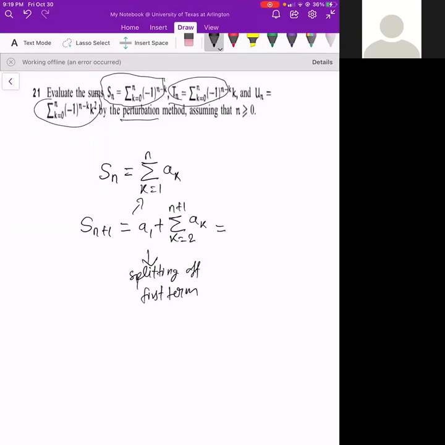We can also split the last term: we can write S sub n plus 1 as the summation from k equals 1 to n of a sub k, plus a sub n plus 1.